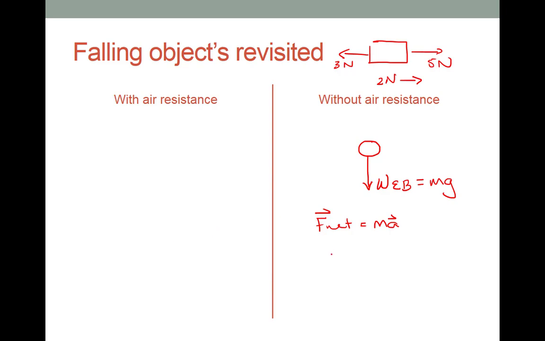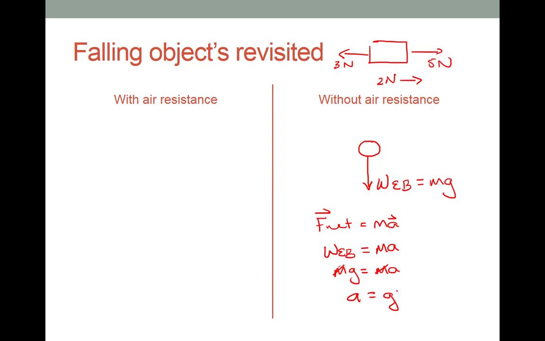So rewrite the net force in terms of the forces acting on the object. Remember, weight equals mg, which equals ma, and the m's cancel, and we get that the acceleration of the object in this case is just the acceleration due to gravity downward. Exactly the assumption we made when we were doing projectile motion in either 1 or 2 dimensions.